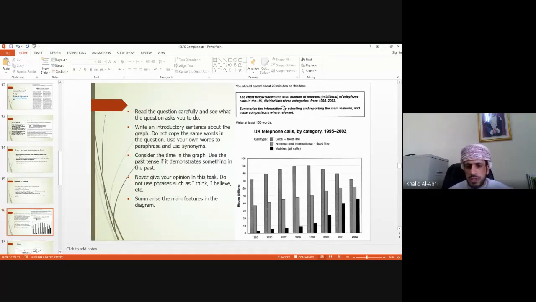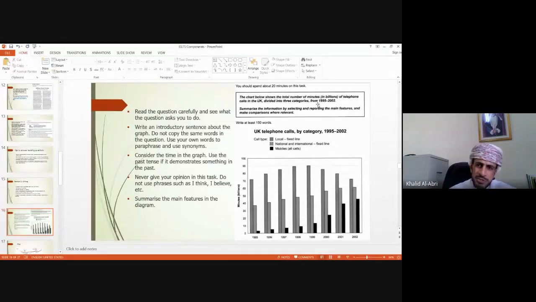So here you can say that the bar chart demonstrates what? You need to paraphrase this, the total number of minutes. You can say the amount of time spent by British people in calls of 3 types, yes, for 5 years or for 8 years.